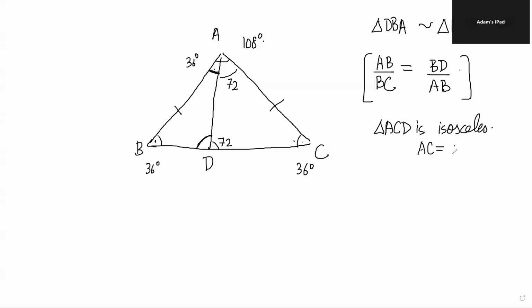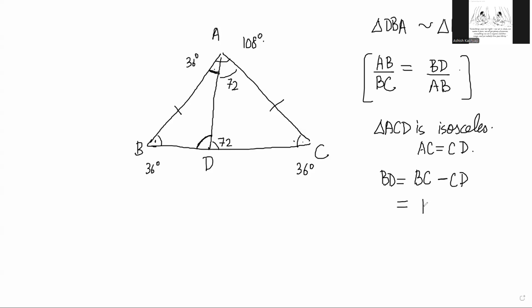Okay. So BD would be BC minus CD, and which is the same as BC minus AC, right? And since AC is equal to AB, this is BC minus AB.